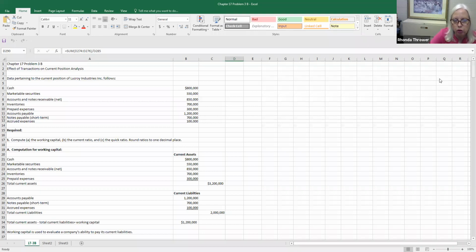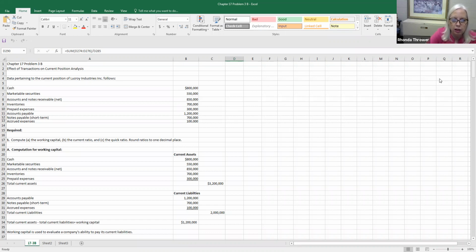Your marketable securities, which is a current asset, will go down by $500,000. This is your journal entry that they did not ask you to record, but for you to understand what's happening with the working capital and the current ratio, you have to understand what happened in this journal entry.